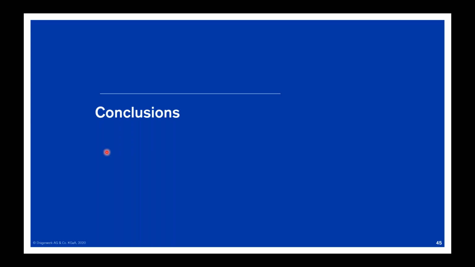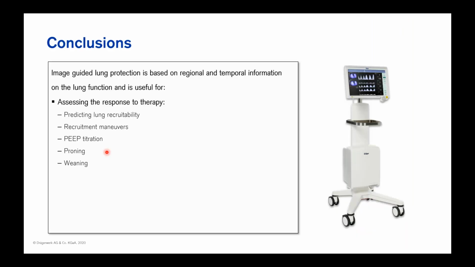Okay, so to conclude, EIT is currently a suitable tool for assessing the response to therapy. It's capable of predicting lung recruitability, monitoring recruitment maneuvers itself, and also PEEP titration, but it can equally be used during the proning phase or during weaning.